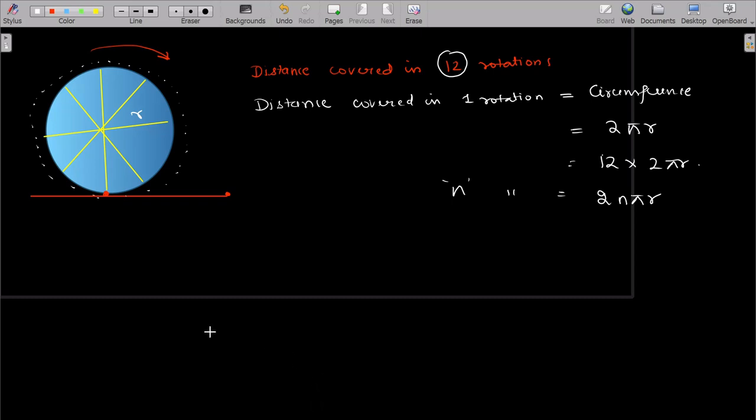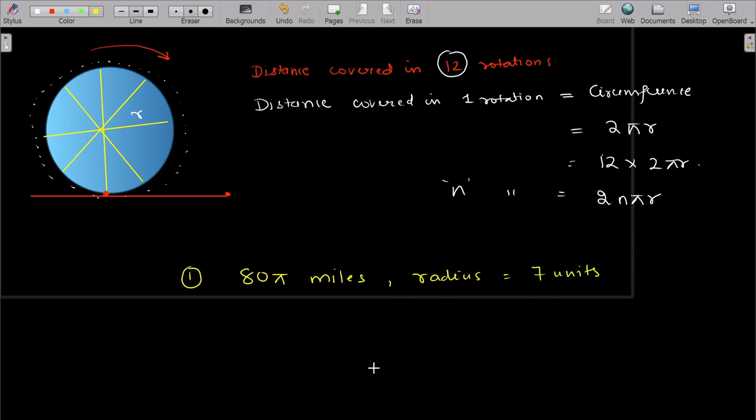Okay, I'll give you one practice problem. Let's see if you can do it. Okay, so the problem says that there is a wheel that is covering 80 pi miles. Okay, and the radius of this wheel is 7 units.